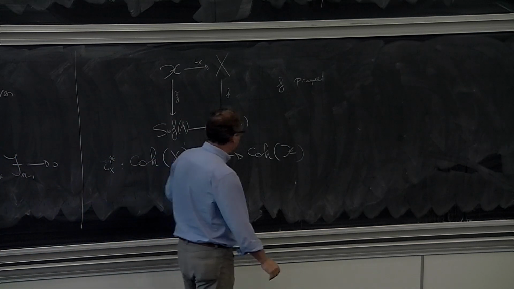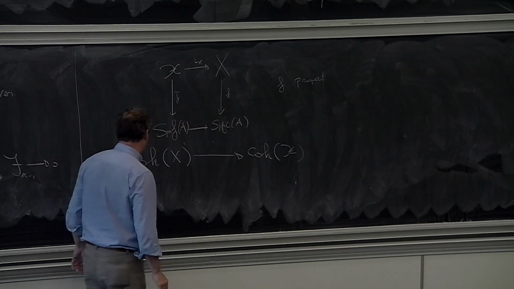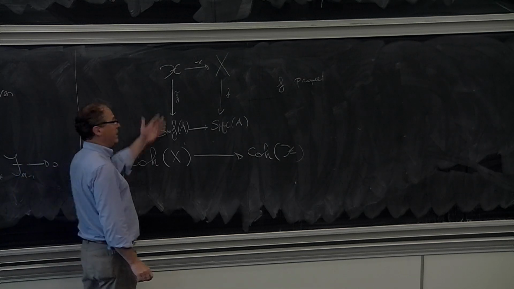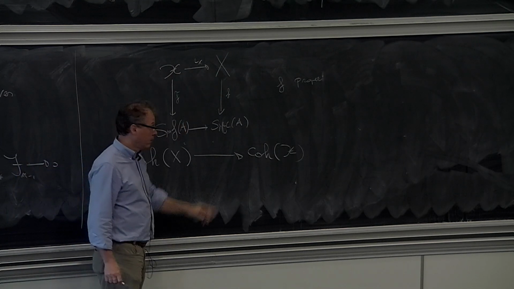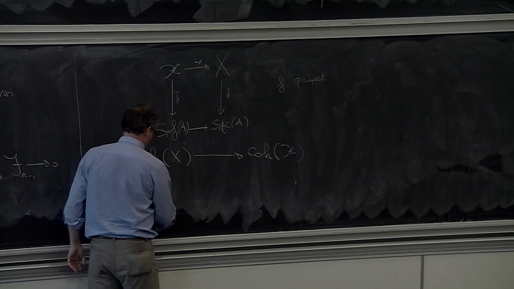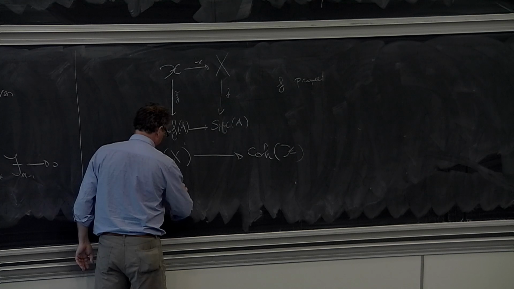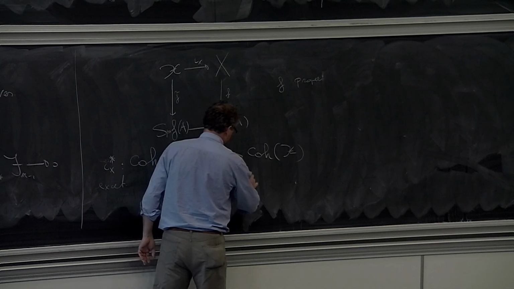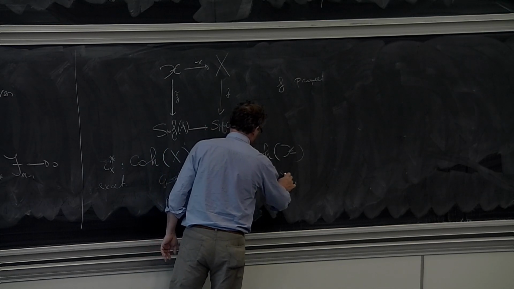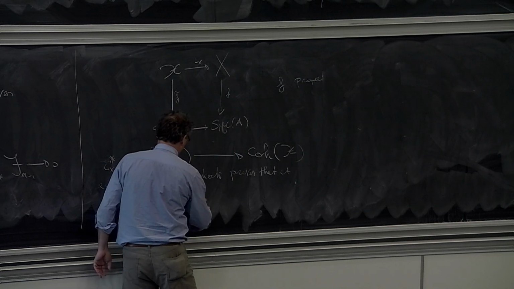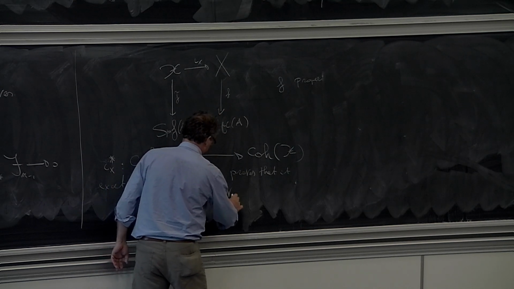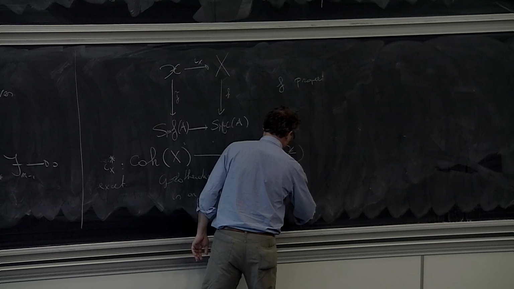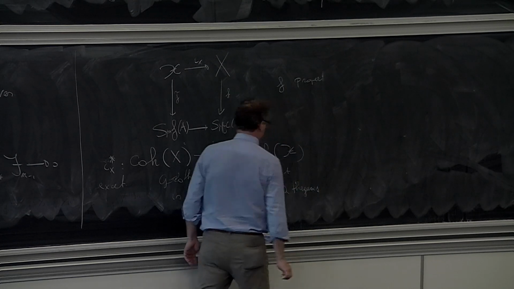And this functor, we already know that it is exact, because I told you yesterday that this morphism is flat. But actually, Grothendieck proves that it is an equivalence of categories.